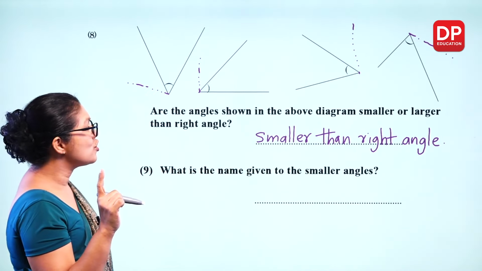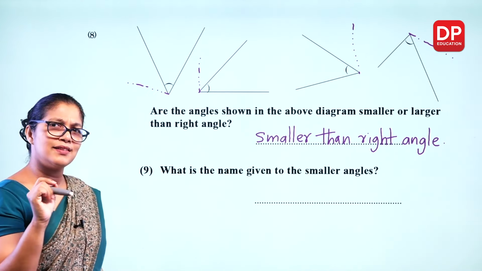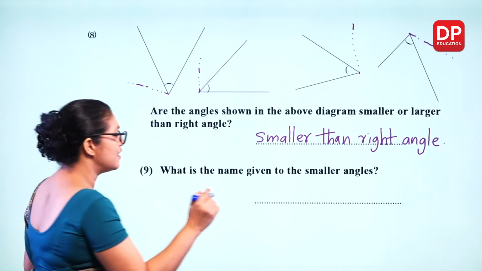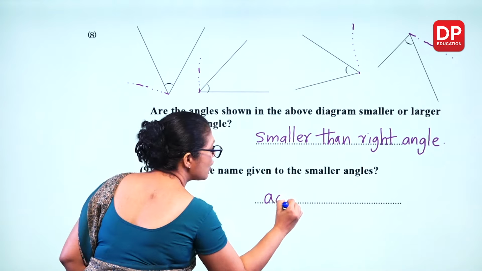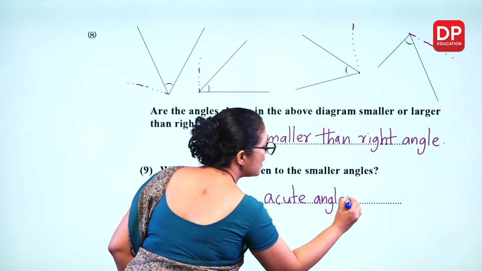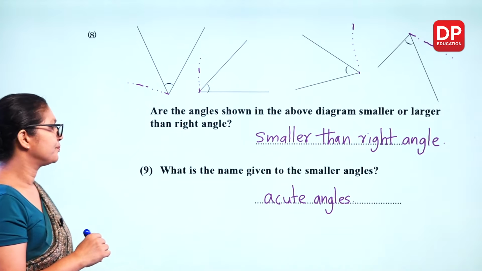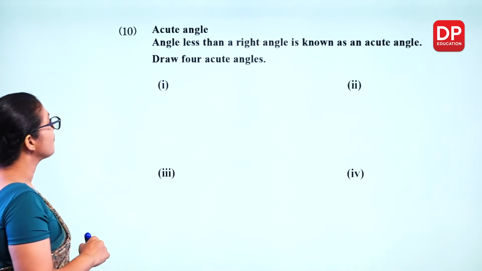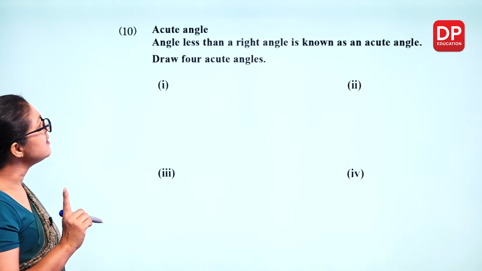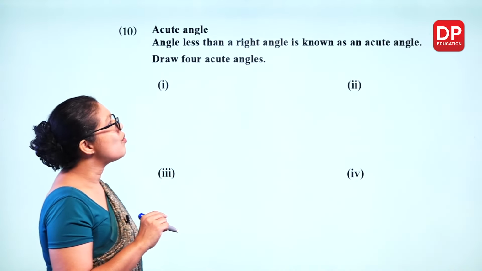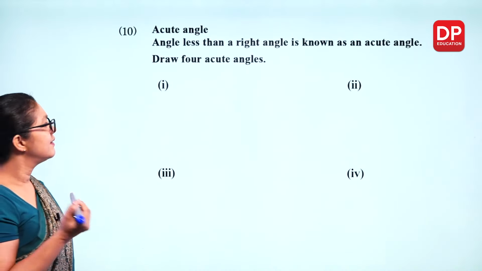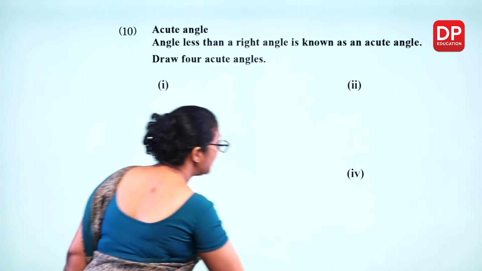What is the name given to the small angles? Do you know that? That's an acute angle. So we call the smaller ones acute angles. An angle less than a right angle is known as an acute angle. Draw 4 acute angles. You have to use the ruler.